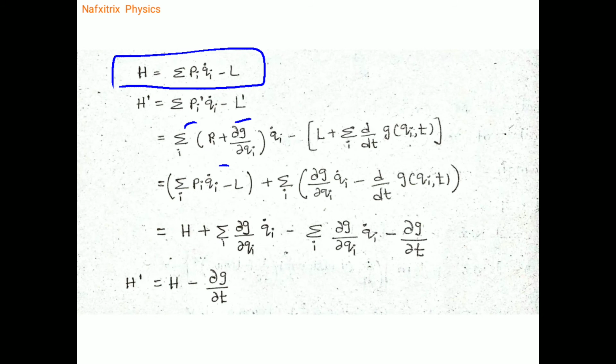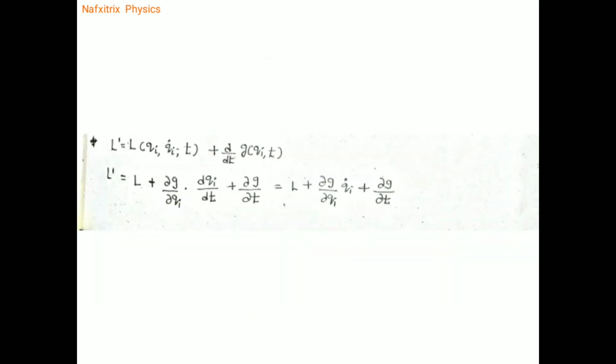L dash is given in the question: L plus d by dt of g(qi, t). L is the usual Lagrangian, and this is for the ith coordinate.